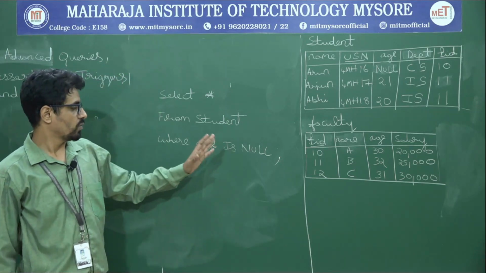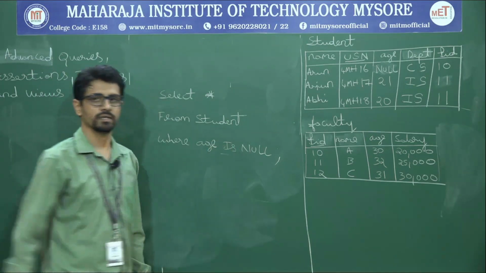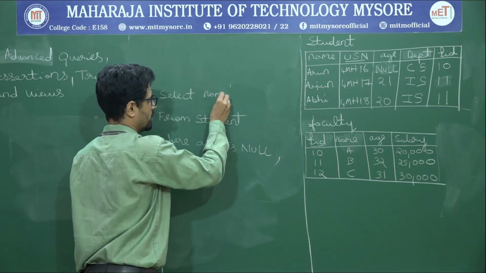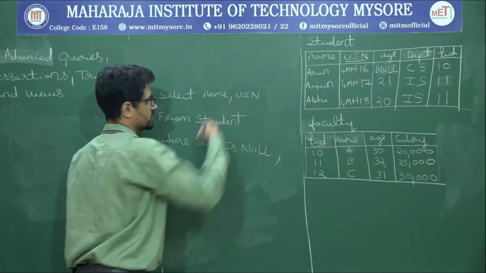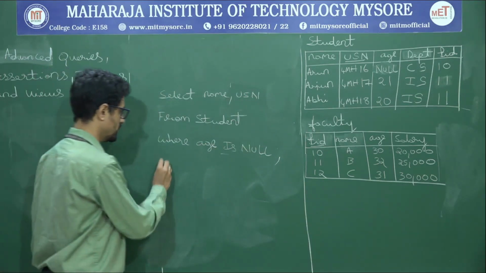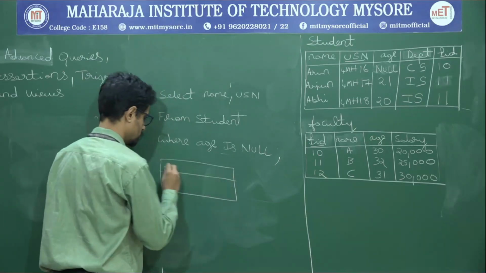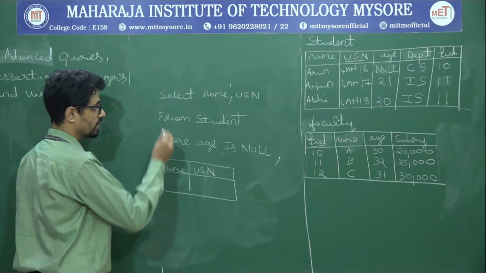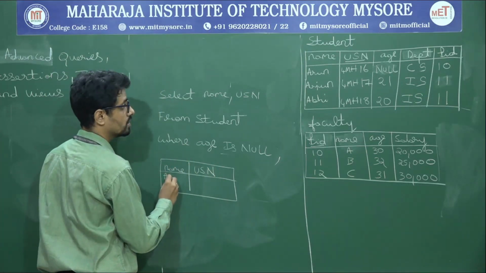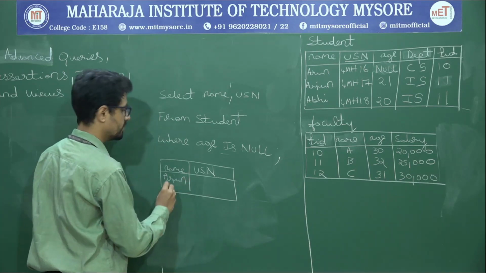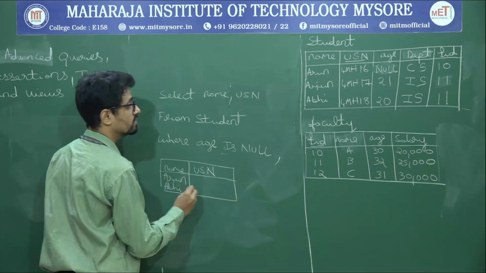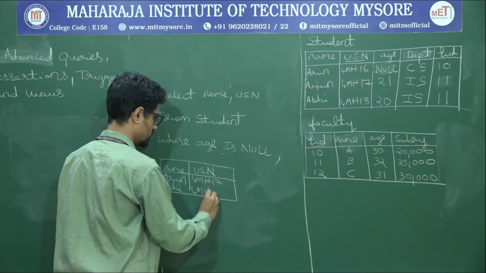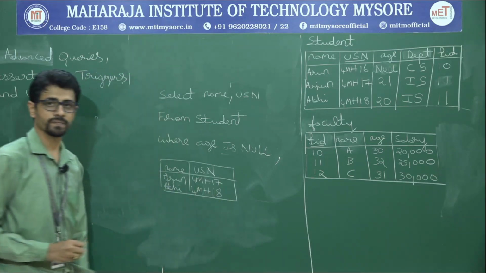Okay, now what you need to understand is null. So what will be the output for me? If I just take name and USN separated by a comma, the output will be name and USN, having Arjun and Abhi with USN 4MH17 and 4MH18 as the values.